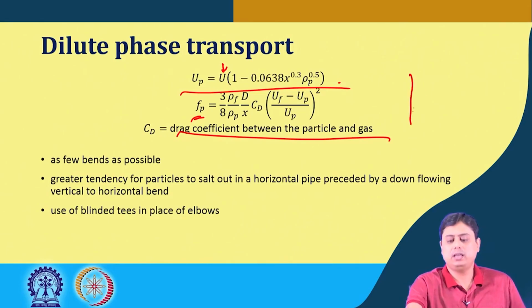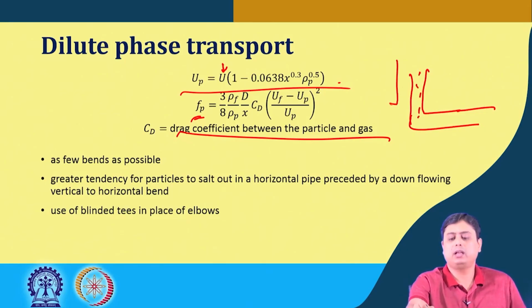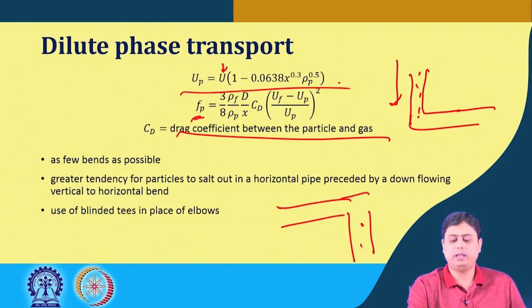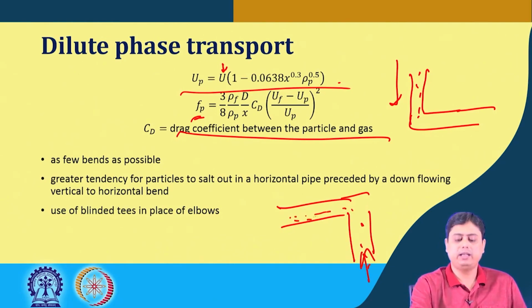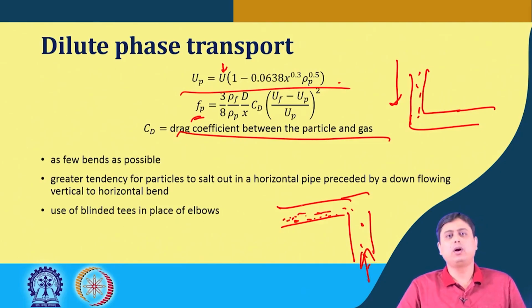So, say if a pipeline network is something like this, the particles are coming in such a manner, or even in the other direction you can think of, the flow is happening something like this. So, the solid particles will be salting here for a longer period.